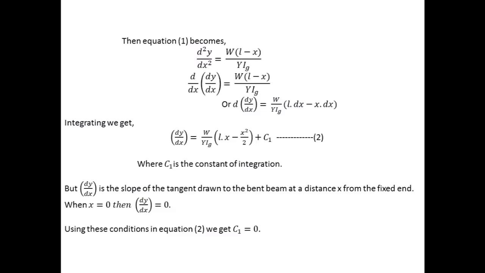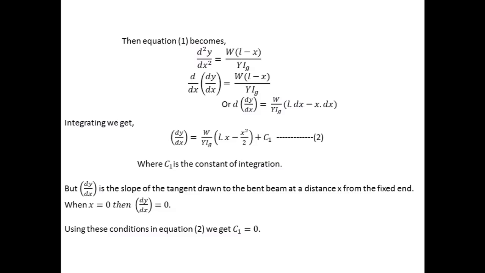The reason for splitting this second order derivative into this form is so that when we integrate this equation, we can get rid of the derivative. Ultimately, we are interested in obtaining y from d square y by dx square, so we will have to integrate twice.